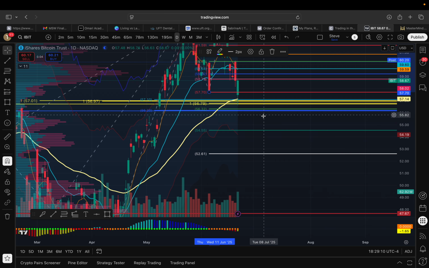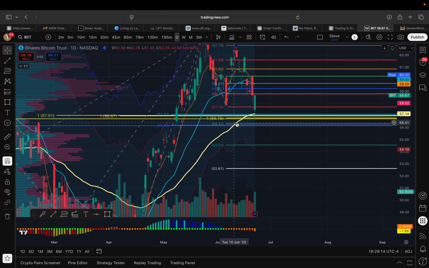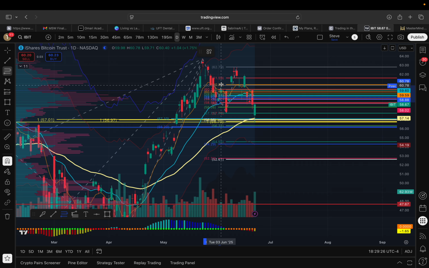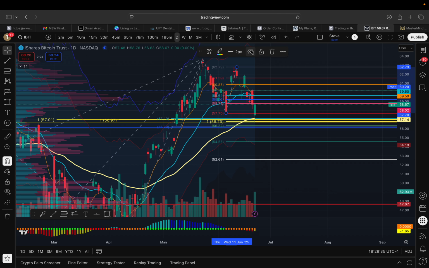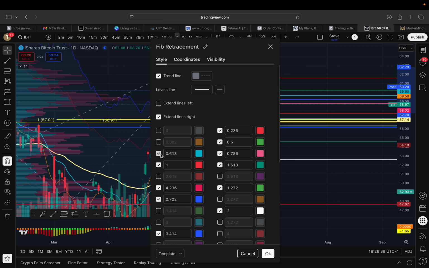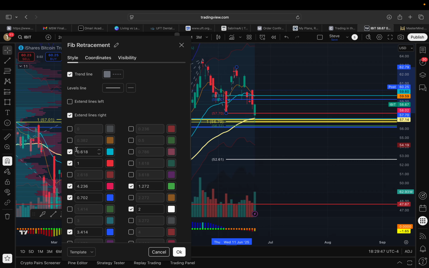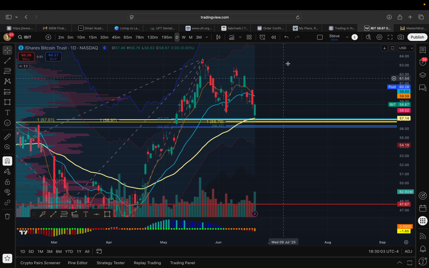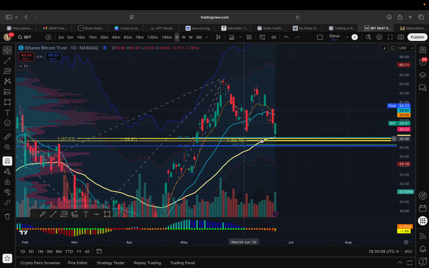From that, we had this 56.32 level pop up, TP1 there. Let me see also this one here.